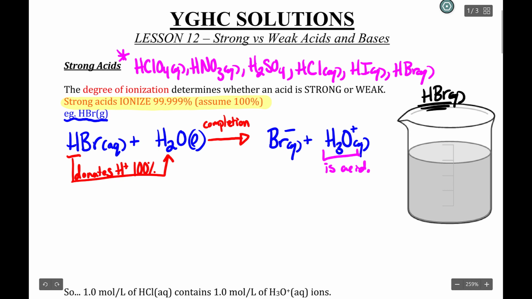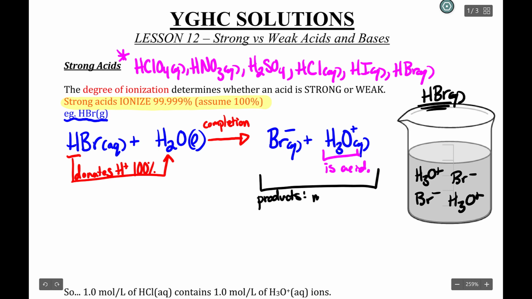Inside the beaker, that's what we have in a 1-to-1 ratio. For every H3O+, I'm going to have a Br-. We would call these our major species. The products are called our major species.